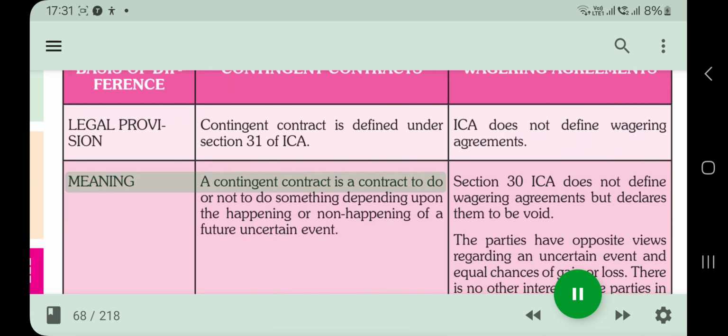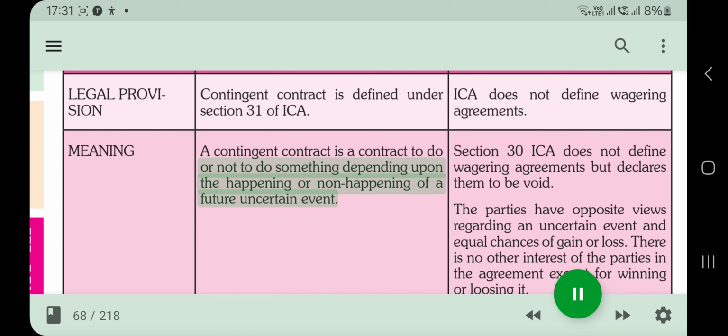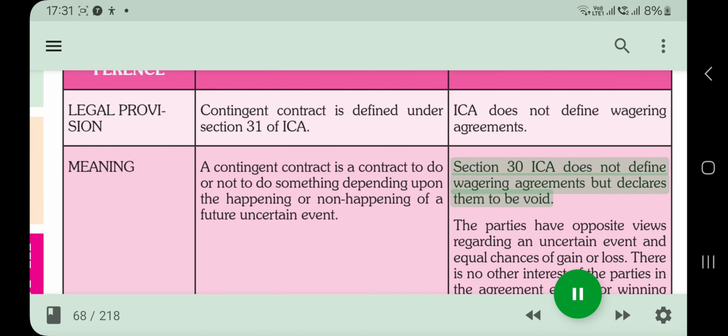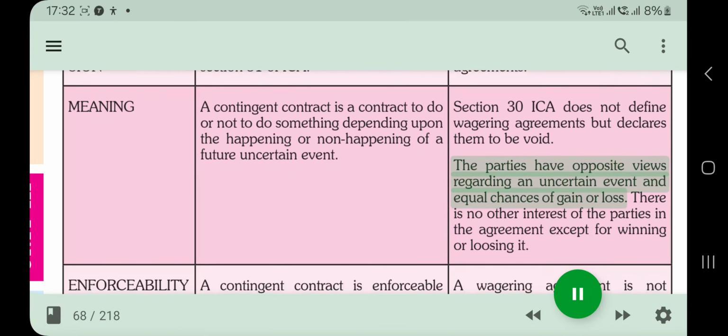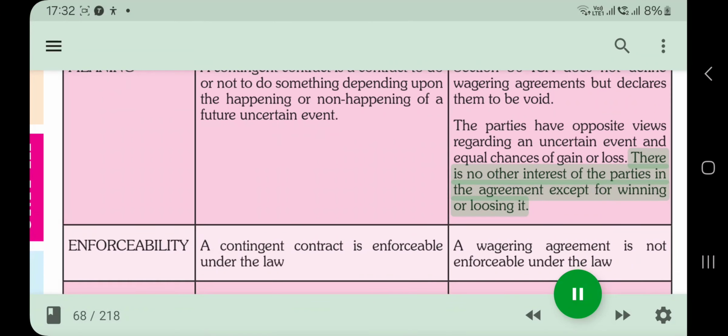Meaning: a contingent contract is a contract to do or not to do something depending upon the happening or non-happening of a future uncertain event. Section 30 ICA does not define wagering agreements but declares them to be void. The parties have opposite views regarding an uncertain event and equal chances of gain or loss. There is no other interest of the parties in the agreement except for winning or losing it.